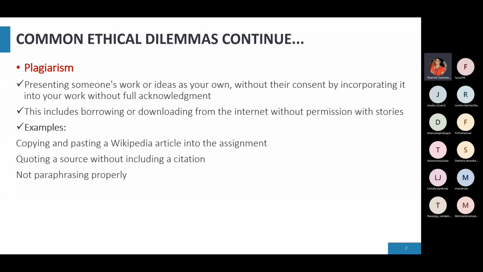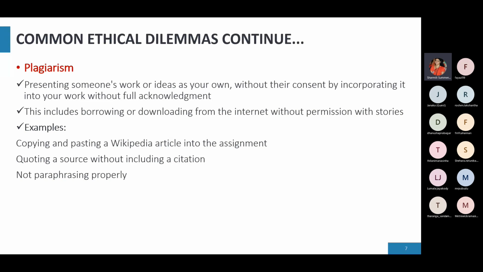That is what we call plagiarism: presenting someone's work or ideas as your own without their consent, without taking their approval, by incorporating it into your work without full acknowledgement. This includes borrowing or downloading from the internet without permission.